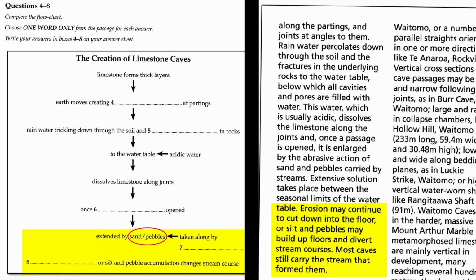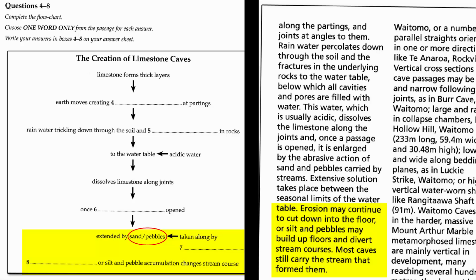Dash or silt. Now, we need to see the word silt, and what do they say before that? Please follow me again, I'm reading it. Erosion may continue to cut down into the floor or silt. Erosion or silt. Try to see how clever they are. Erosion may continue to cut down into the floor, or silt and pebbles may build up floors.